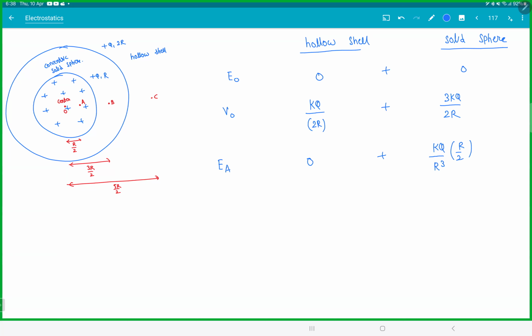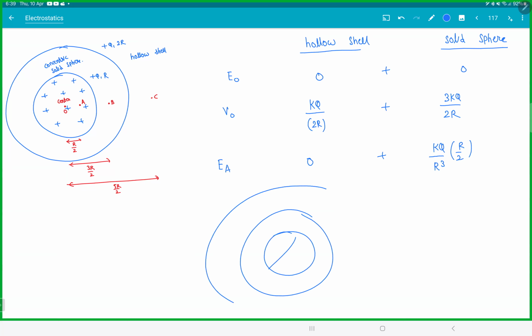I'll give you another minute and a half. Anyone confused about what I'm asking? The main thing is only that. It doesn't matter. I can give you a solid sphere, a shell, 10 shells like this.